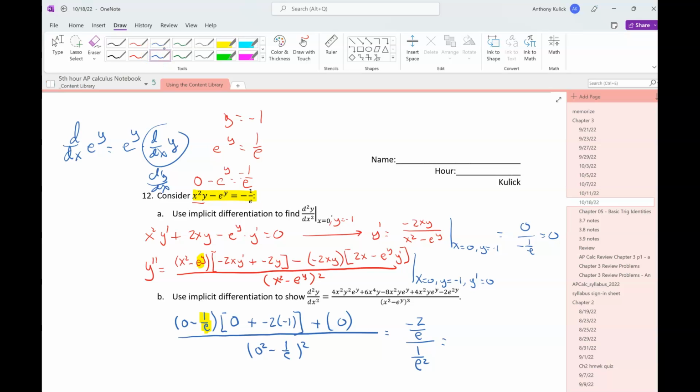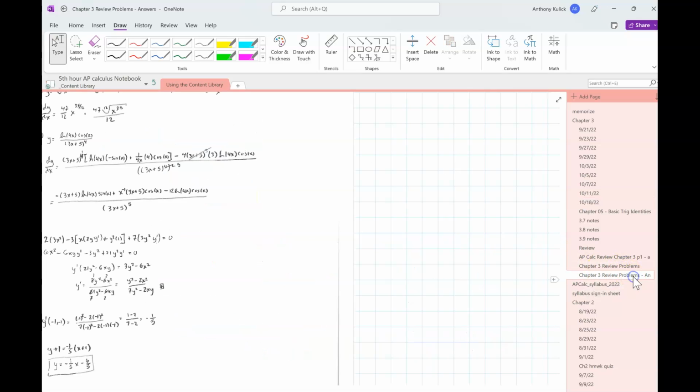And if I simplify this, then I get negative 2 over e times e squared over 1, which is just negative 2e. Is that what I had on the key, I hope? No! Oh, fiddlesticks. What did I put down? Oh, I have y equals positive 1?